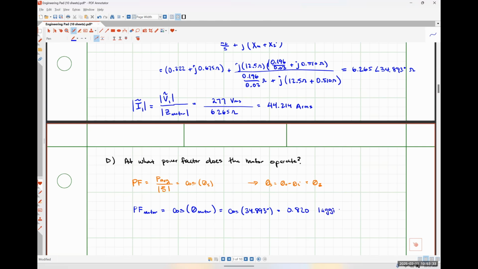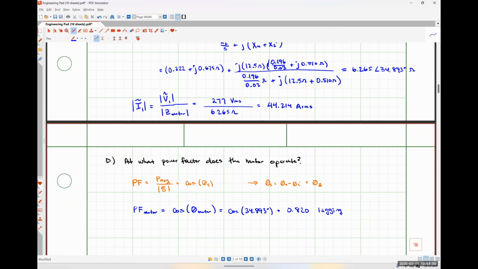Tell everybody why, Zach. Because it is a positive angle. Absolutely right. Positive angles mean lagging power factor, negative angles mean leading power factor. For what it's worth, in an induction motor, it's always going to be a lagging power factor. When we get to synchronous machines, it could be either leading or lagging, depending on how it's connected and all that kind of good stuff.